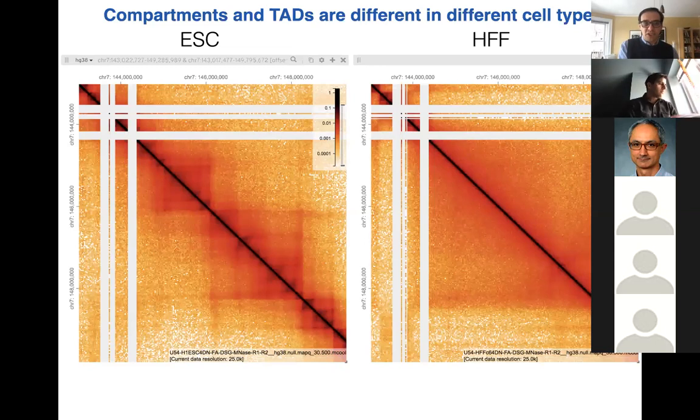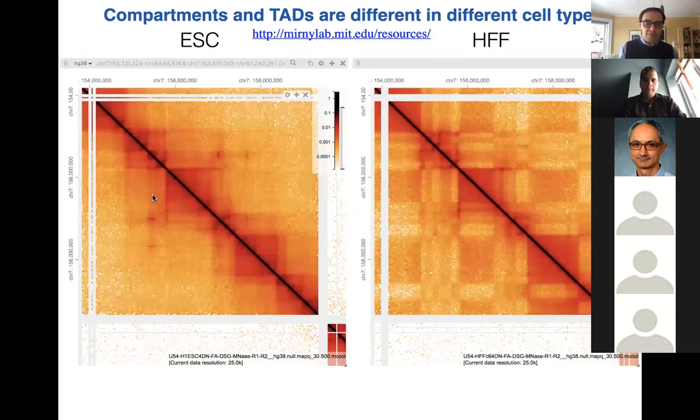I see some organization in fibroblasts that is more visible, and some features in ES cells, and in fibroblasts the region seems rather big and boring. And then I can keep just browsing. So things are different between different cell types. And again, in many cases, these differences are reflected at the level of interplay between compartments and these near-diagonal features.